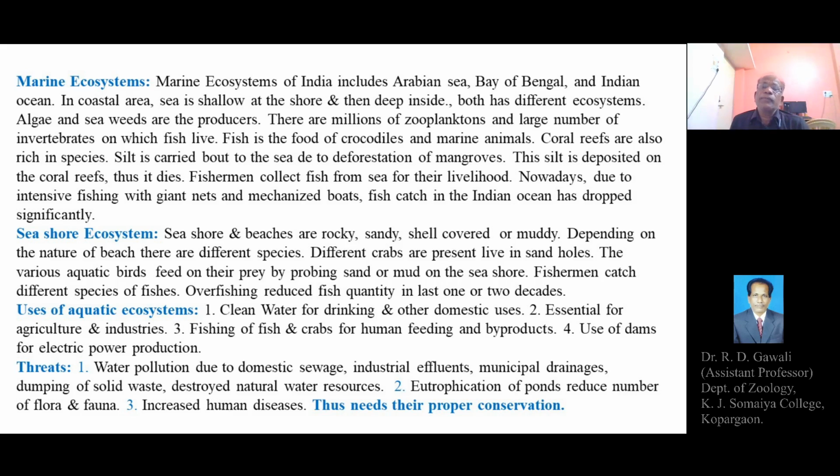this occurs in eutrophic ponds, and this will first increase the aquatic flora, then the aquatic fauna, and in a final stage, due to the increased number of aquatic flora and fauna, the nutrients are simply taken up, and the undesired fauna or weeds, undesired flora and fauna, will increase in the pond. This will destroy the pond completely because of the formation of algal blooms on the surface of the pond.